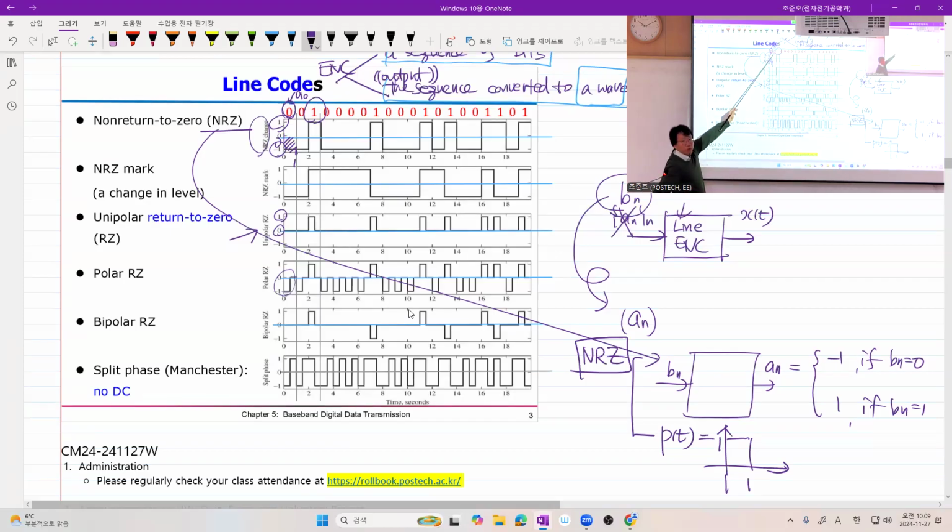Now you have a shifted version of this P of t by capital T, which happens to be 1 here. So you shift that one, and now you have 1, which is converted to 1 here, and then multiplied by the twice shifted version. So you have this waveform. Got it?